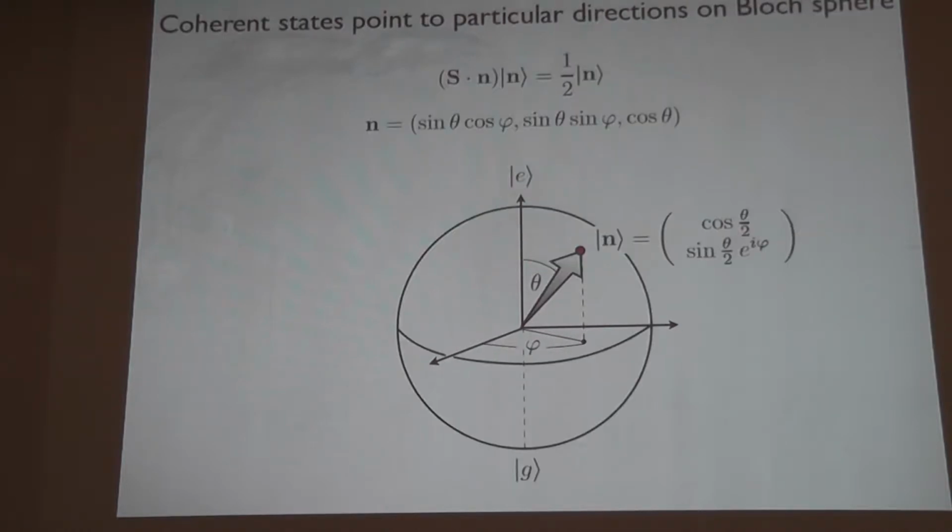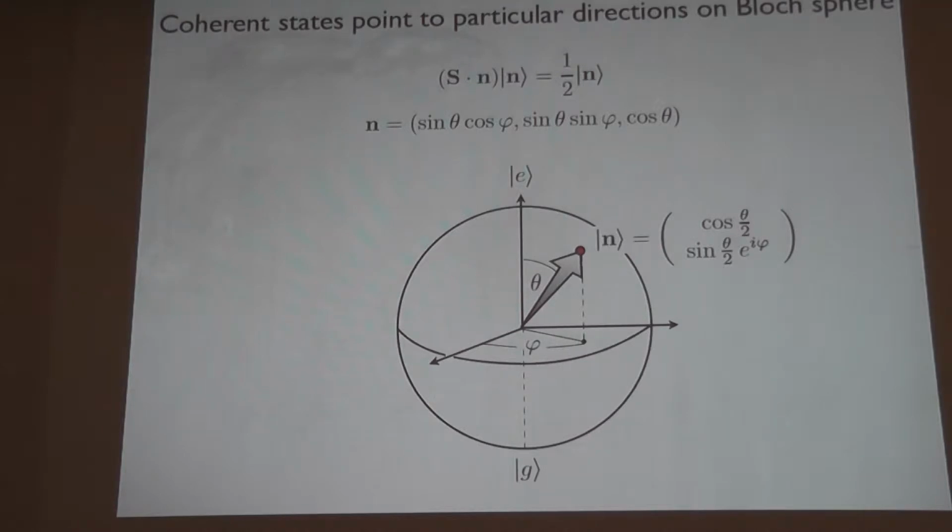And such states are the coherent states of a spin. Right? So the coherent state of a spin has maximal projection along the direction of some unit vector n. Okay? And there's this simple formula, all you have to do is remember that, where theta and phi are the polar and azimuthal angles in spherical coordinates. And as soon as you remember this, you already have your eigenstates.